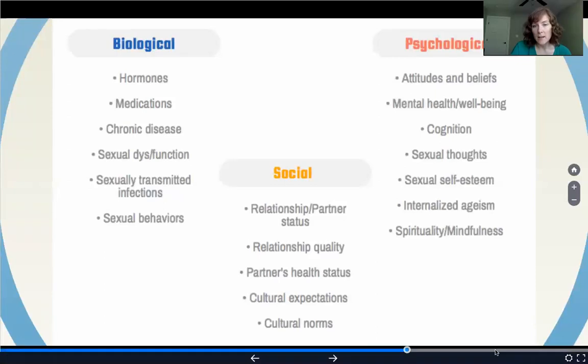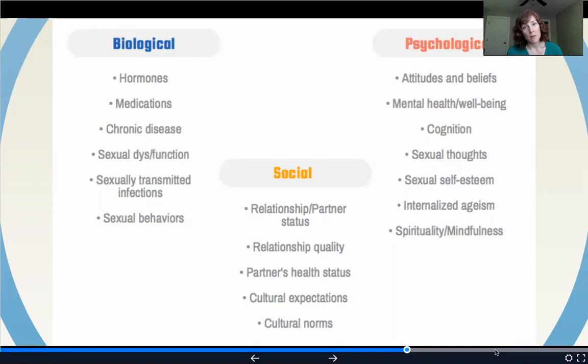In that, we see a lot of different things, and we're going to be talking a lot about attitudes and beliefs and things like sexual self-esteem, so we're going to dig deeper into those too. But psychological factors are sort of stuff that's going on in your head, right? So what do I believe about sex? What are some of my attitudes towards it? Do I believe that sex is only for procreation, so once I'm postmenopausal, I can't do it anymore?